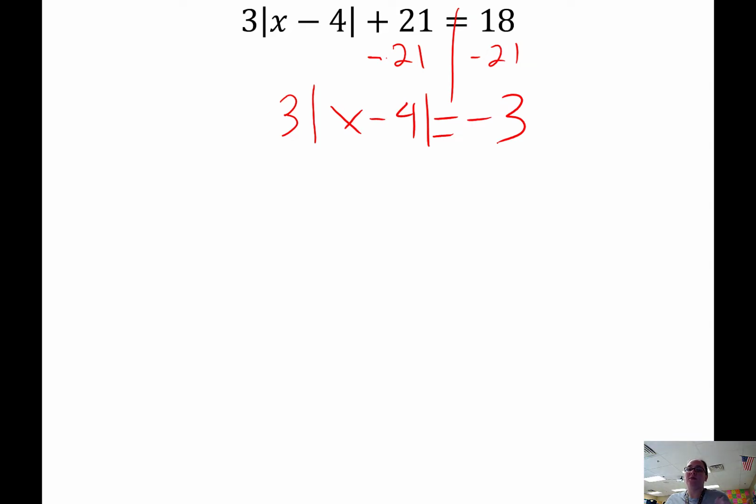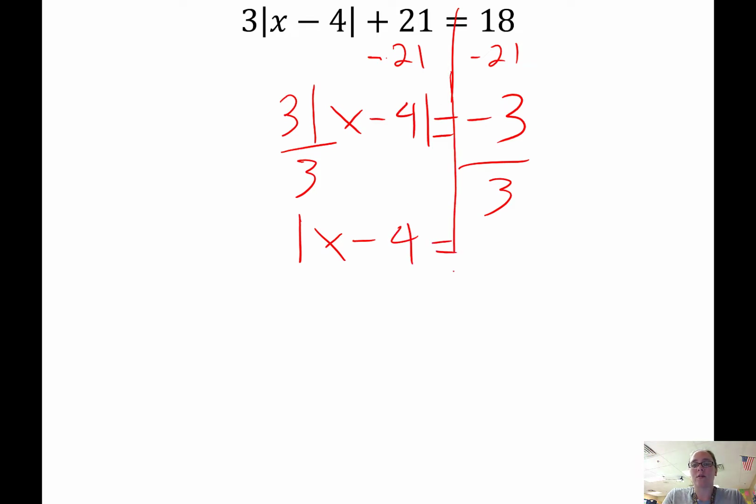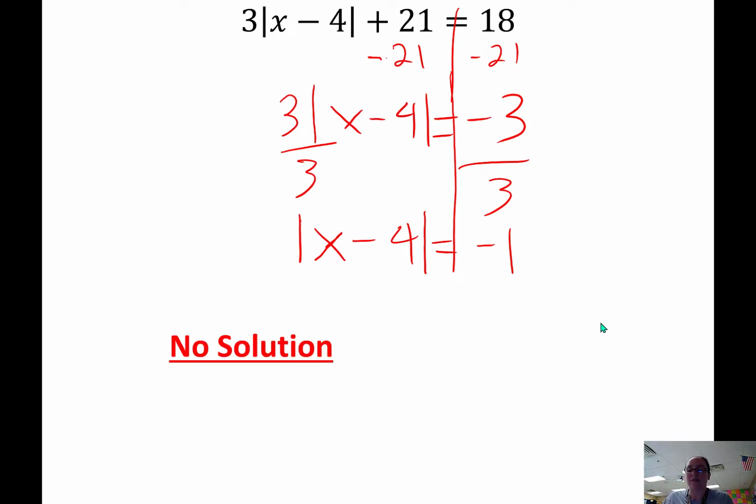Well, I still don't have the absolute value by itself, so I'm going to isolate that more by dividing by 3. That gives me the absolute value of x minus 4 equal to negative 1. So since my absolute value is isolated and equal to a negative, that is no solution. There's nothing I'm going to be able to plug in for x to give me out a negative 1.